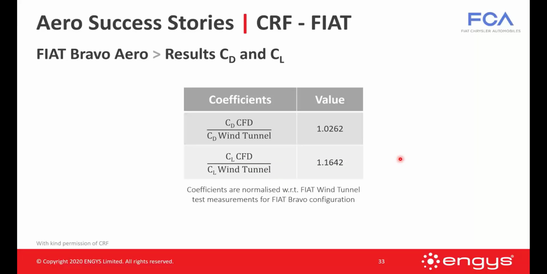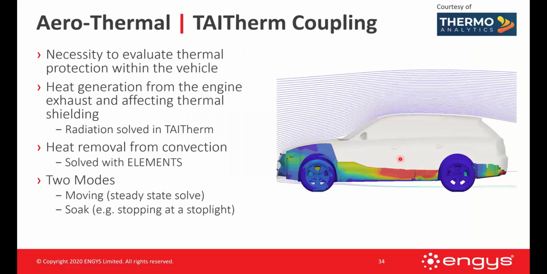So overall for drag, very good. And the actual underhood velocities compared well to what was seen experimentally. That comparison wasn't actually shown in much detail here, but it performed well from the perspective of the customer.